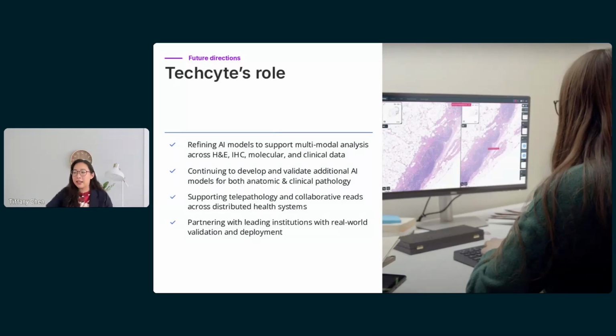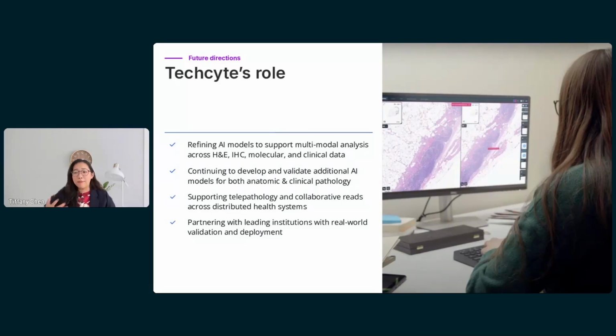So bring in things from H&E, from IHC, clinical metadata, and molecular results to get deeper and more context-rich insights. We also want to develop tools for both anatomic pathology, like with kidney transplantation evaluation, but also within clinical pathology, which we do also have a whole portfolio of products there as well.